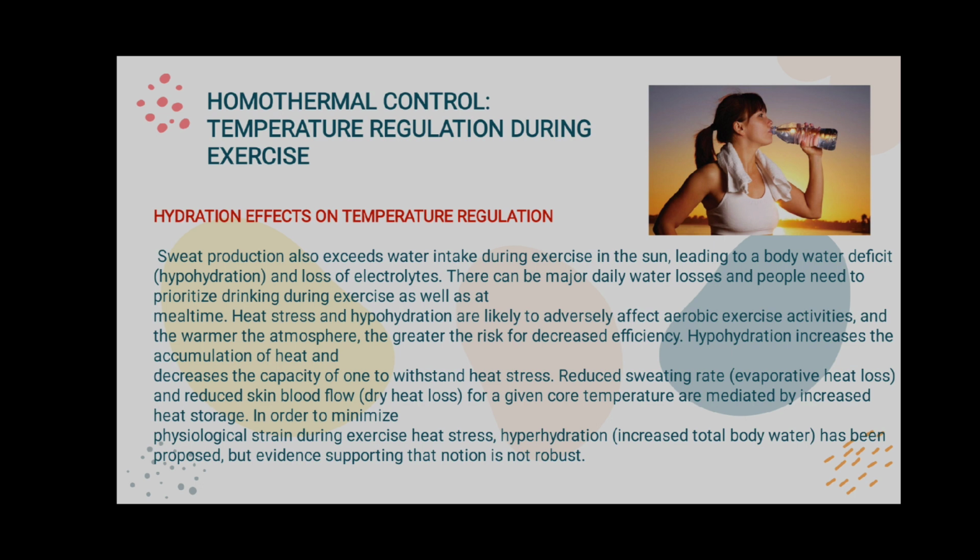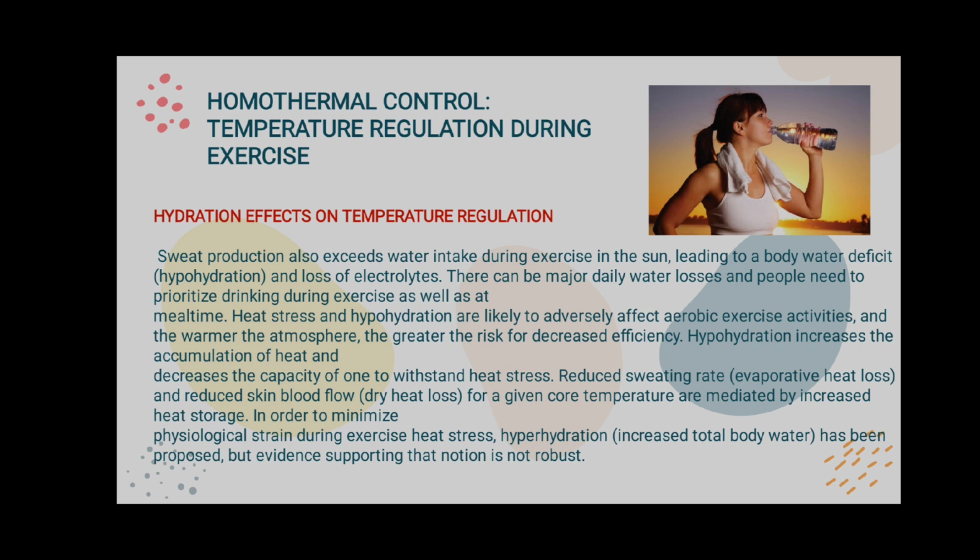And now let's proceed to the hydration effects on temperature regulation. Sweat production exceeds water intake during exercise in the sun, leading to a body water deficit, or dehydration, and loss of electrolytes. There can be major daily water losses, and people need to prioritize drinking during exercise as well as at mealtime.